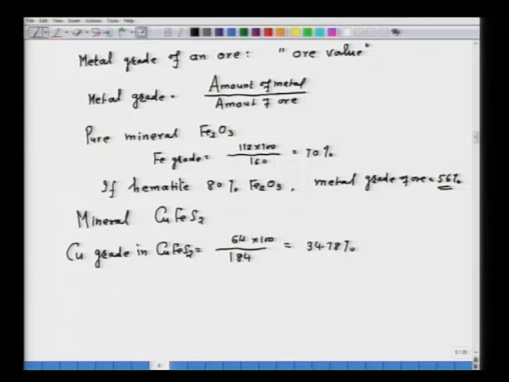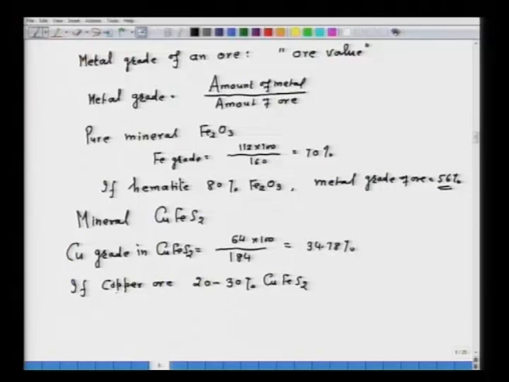Now imagine if a copper ore has 20 to 30% CuFeS2, which is normally the case, or could be even less than that. In that case, the copper grade in the ore will be 7 to 10%.